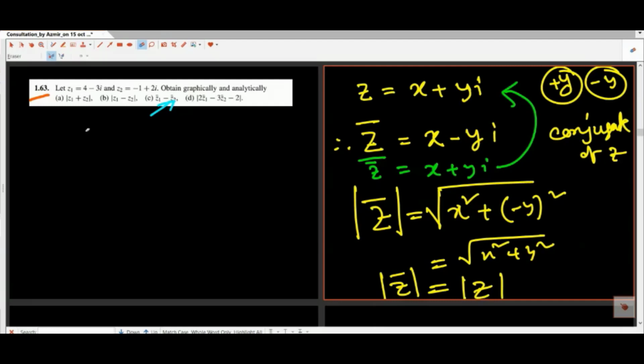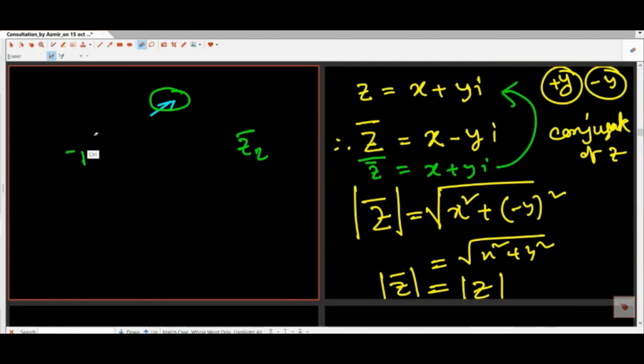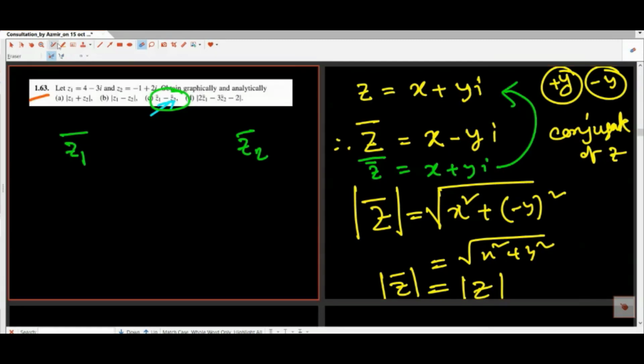So let us solve this one. We have z1 bar and z2 bar, and we need to find the subtraction. What is z1? Z1 equals 4 minus 3i. So we need to find z1 bar, that is conjugate of z1.